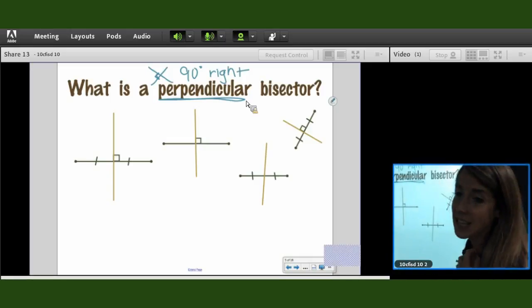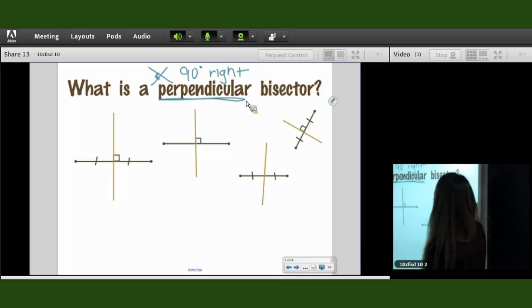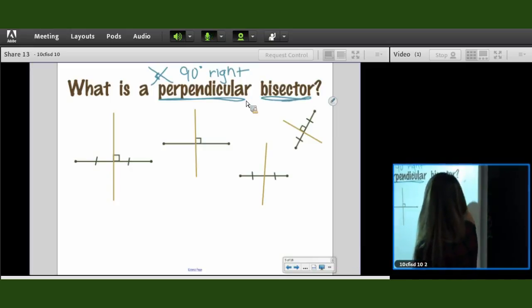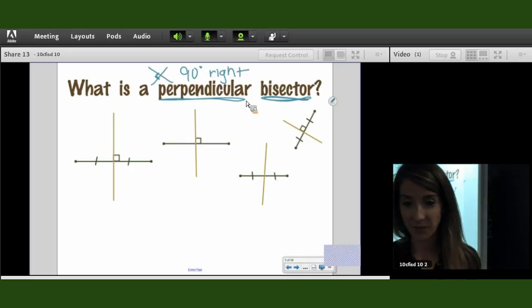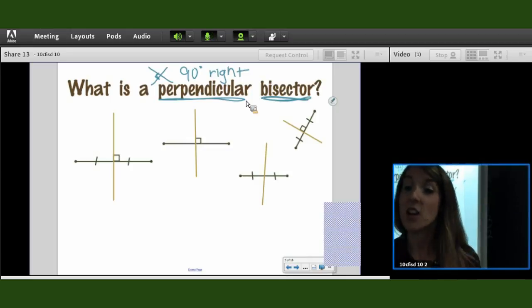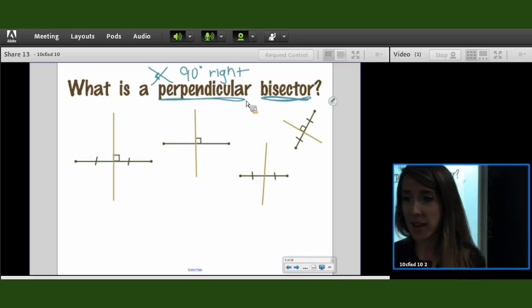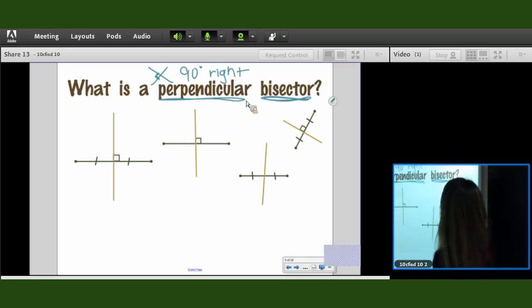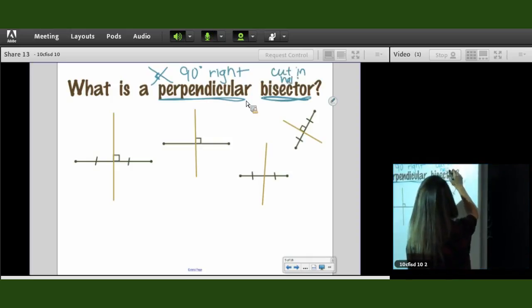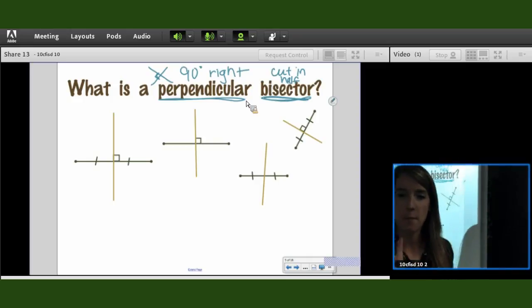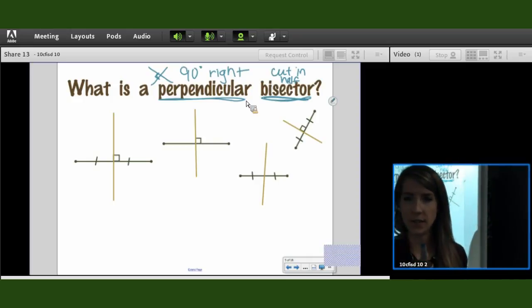Now perpendicular is the first part, and bisector is the second part. What do you think of when you hear bisector? Middle, congruent, half and half. Oh my goodness, y'all can just teach this lesson. So bisect, I've taught y'all, means cut in half. And we're going to leave it at that for a minute, because I don't want to give something away.